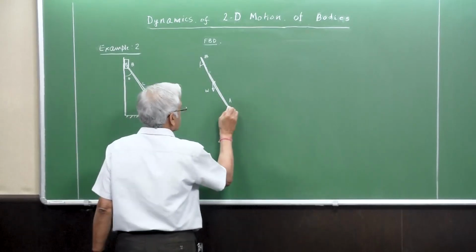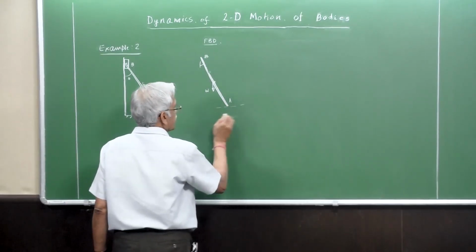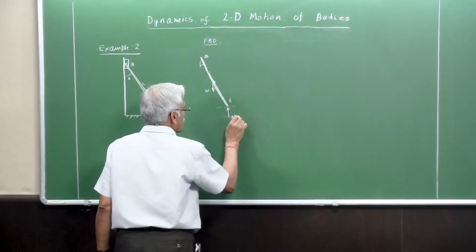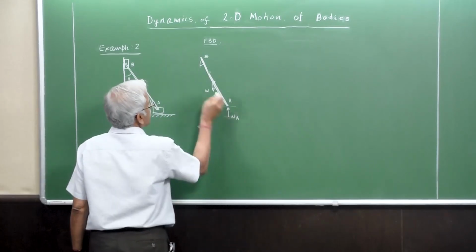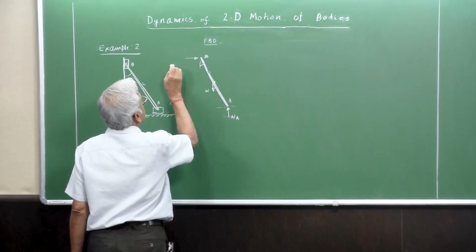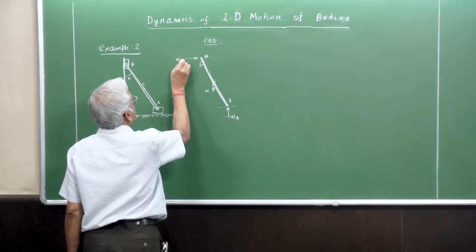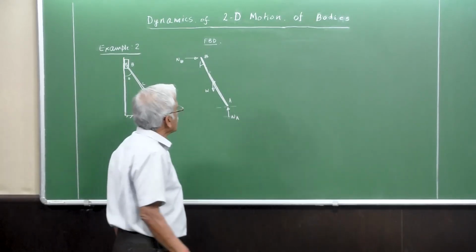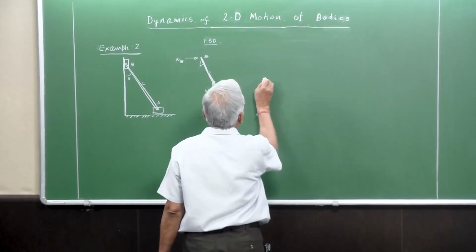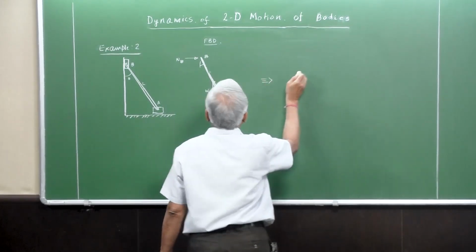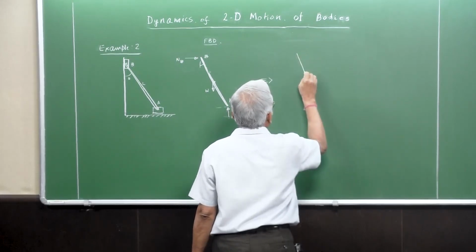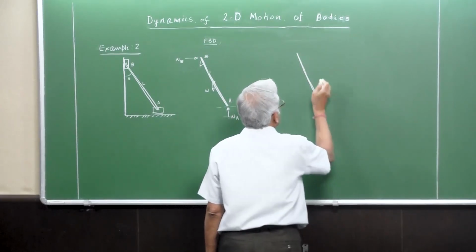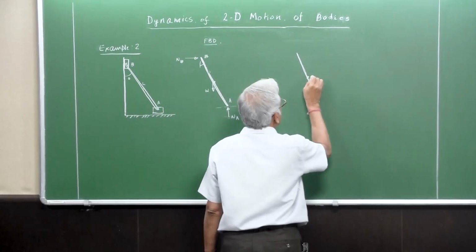Apart from this, since it's sliding on the ground, we have normal reaction in the vertical direction, and from the vertical wall we have normal reaction at B, in the horizontal direction. And we make it equivalent.